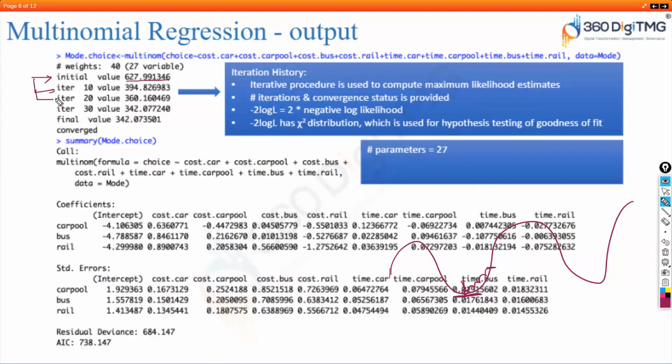So after a few iterations, as the initial value keeps on decreasing, you get to the minimum. Now, if you ask me, what is it that we are trying to minimize here? It is minus 2 log L. Minus 2 log L is one of the AIC criteria. We'll talk about this later.